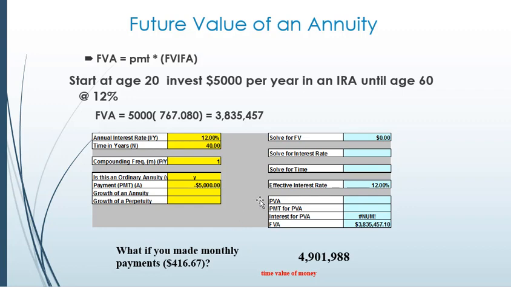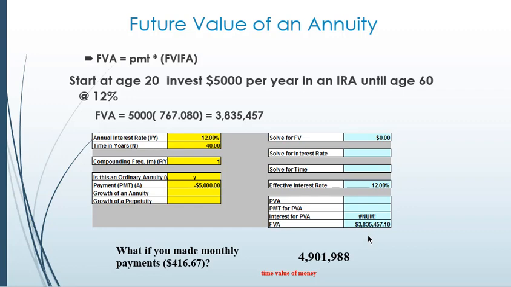Plugging into our spreadsheet, we're still on the time value of money spreadsheet. 12% is the interest, the time is in years, compounding frequency, and now we have a payment. This payment is negative $5,000. You put that negative $5,000 under the payment, and down here we find that the future value of an annuity, what this investment will grow to, is $3.85 million.